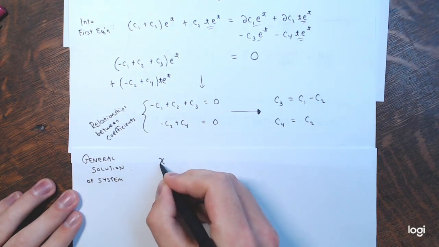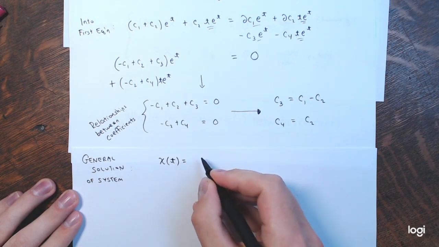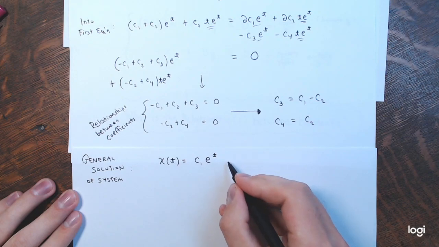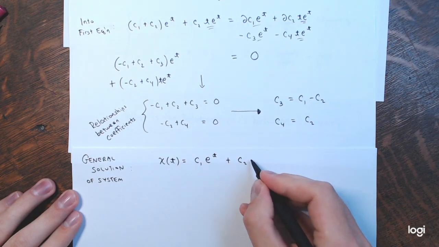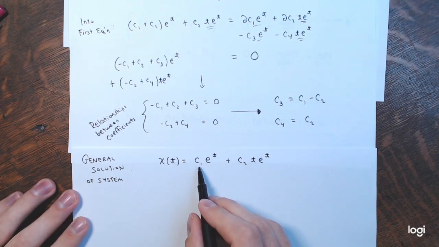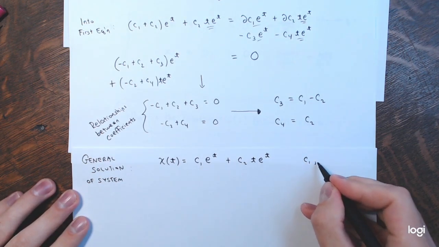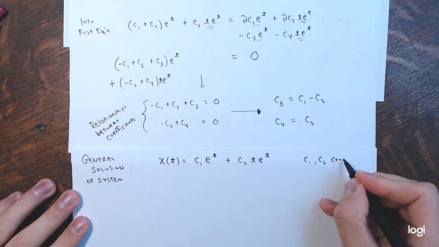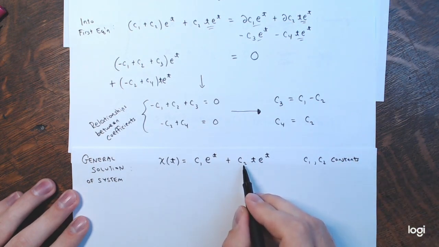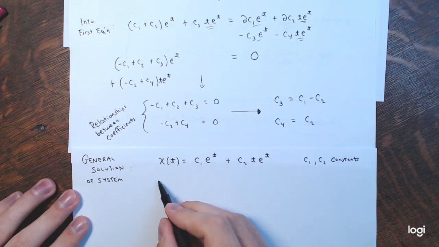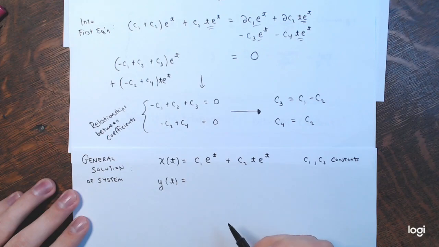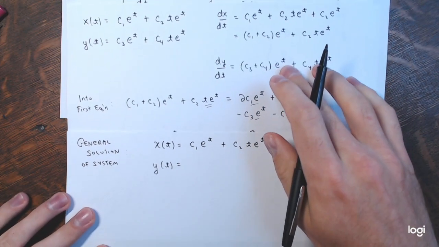So we have x of t equals, I'm keeping C1 times e to the t plus C2 times t e to the t, where I can choose C1 and C2 to be any constants I wish. But then once I've chosen C1 and C2, the values of the coefficients in the y function are determined.